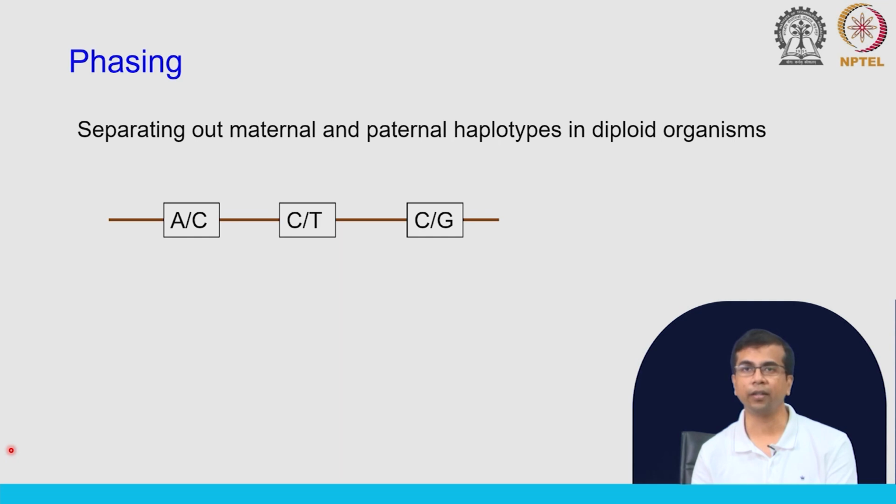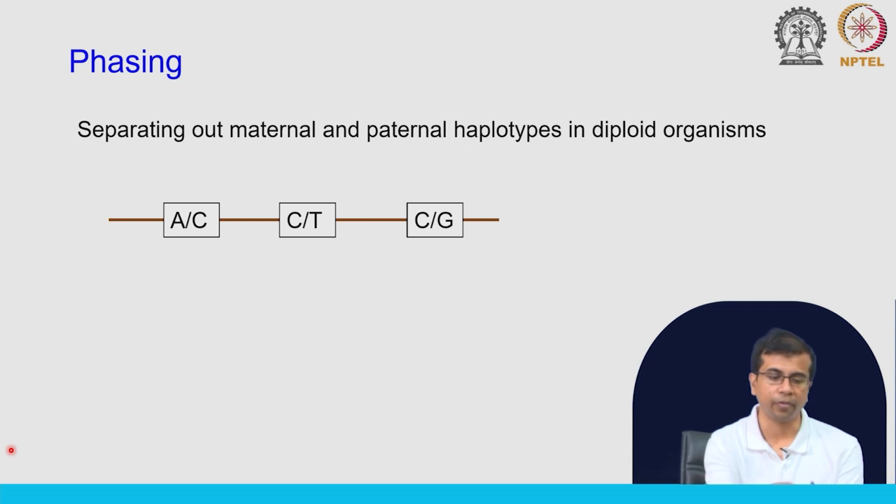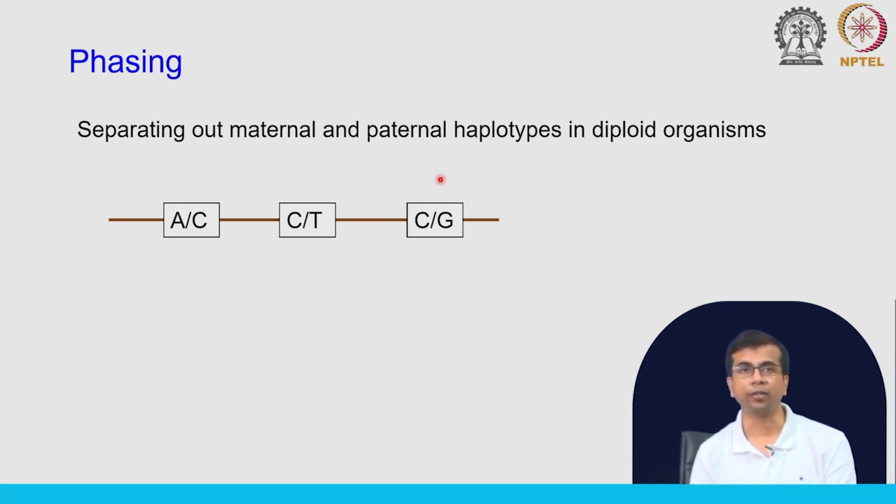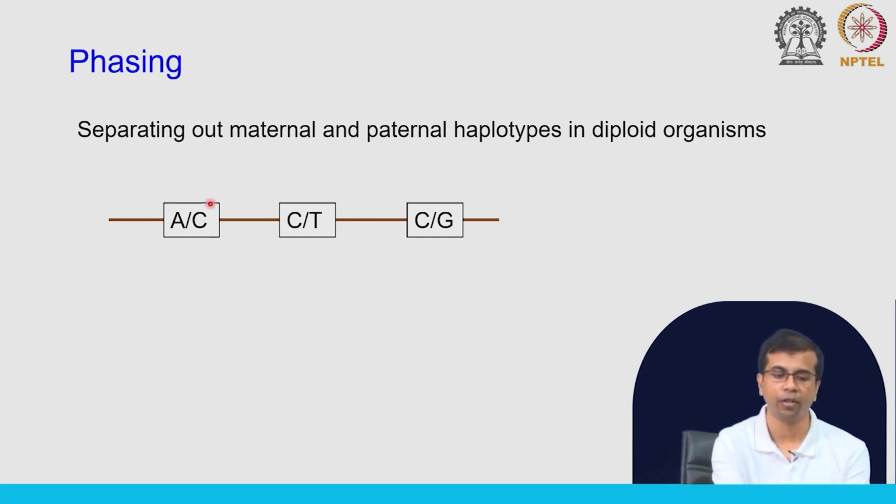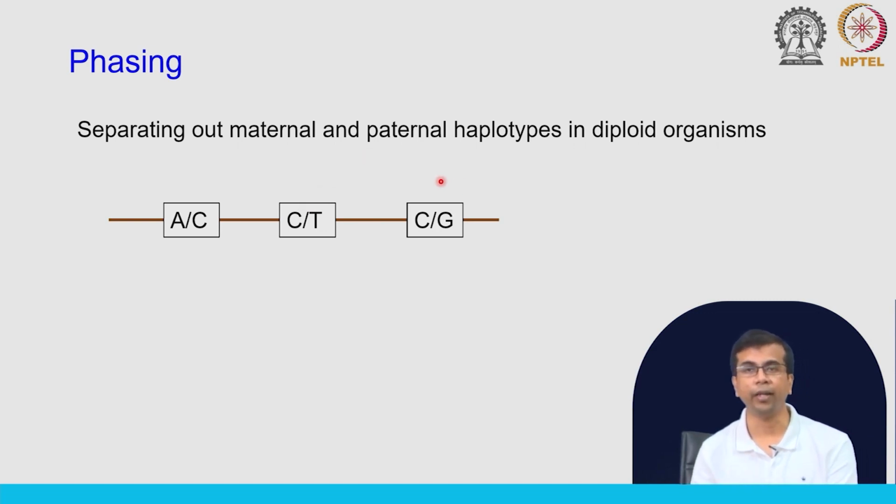When you are sequencing a diploid organism like human, for a certain region you have this situation. For one position you see A and C, for another position you have C and T, and for the other you have C and G. Now the question is whether A occurs with C or T in the second position, and whether it occurs with C or G. In other words, what is the combination of these variants in these two copies of the chromosome?